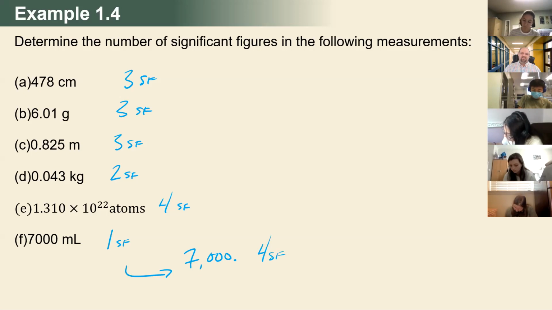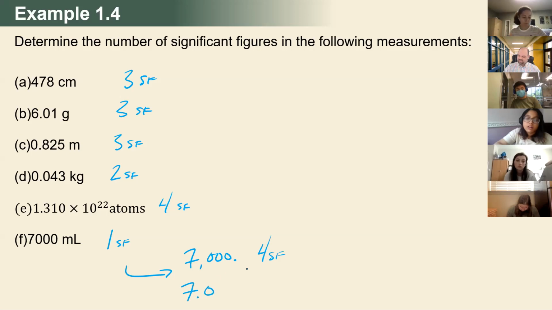The other way to do it, and the way that sometimes is less confusing, is to write it in scientific notation. What if this is 7,000, but only 2 of those digits are significant? It's actually 6,953. I'm going to round that to 7,000, but only 2 of those 4 digits are significant. The best way to do that is to write it in scientific notation, 7.0 times 10 to the 3rd.